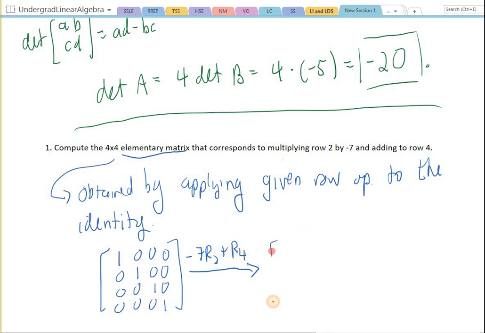And I apply that, and I get my result. So I'm just going to get 1, 0, 0, 0, 0, 1, 0, 0, 0, 0, 1, 0. And then the last row is minus 7 times R2, so I get minus 7 times 0 plus 0, 0. Minus 7 times 1 plus 0 is minus 7. Minus 7 times 0 plus 0, 0. And then here, minus 7 times 0 plus 1 is 1. Okay? So that's my result.